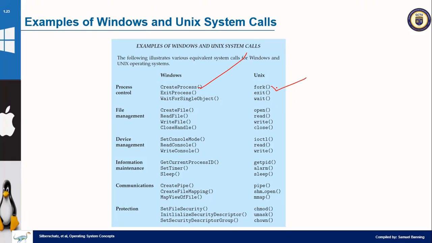If I do fork on Windows, it will not understand it. So these are the reasons why you have computer applications that are developed for a particular operating system, not compatible with other types of operating system.